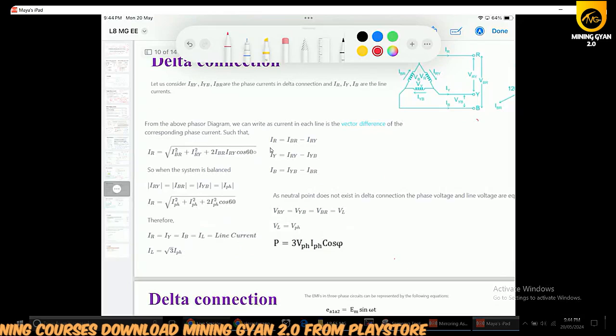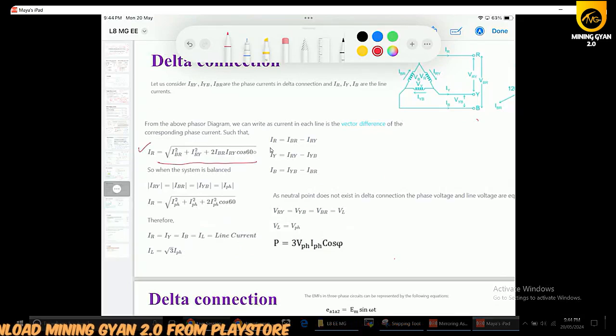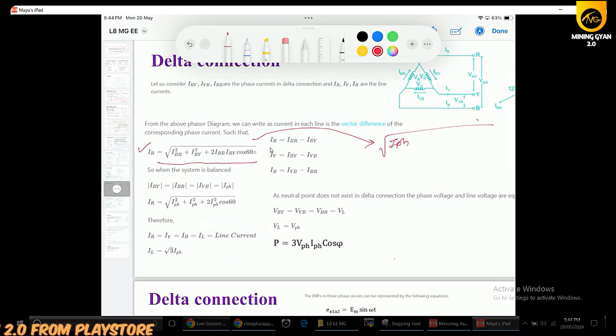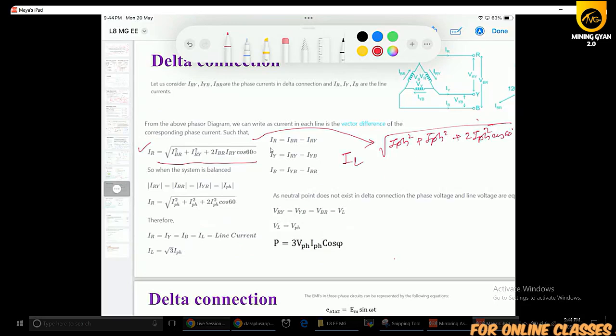So how to calculate the magnitude of line current by using this same formula? Here you can write it like this: under root I phase square plus I phase square plus 2 times I phase square cos 60, so that you will be able to get the magnitude of line current.